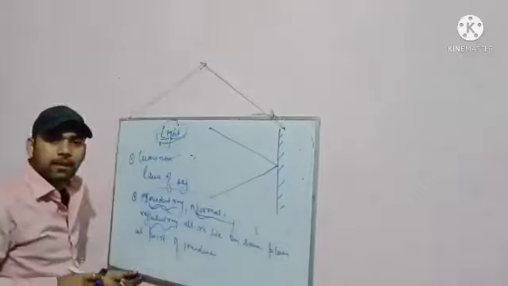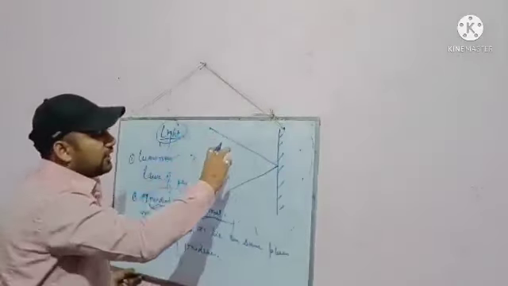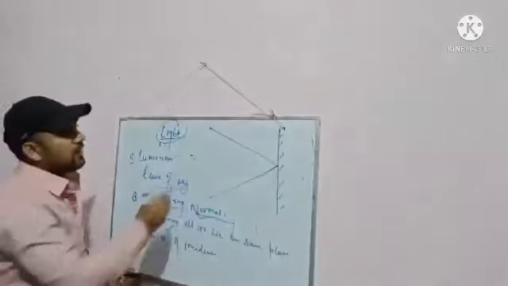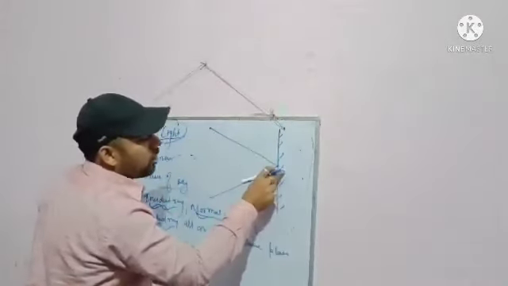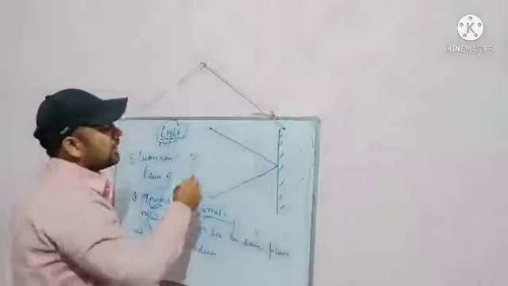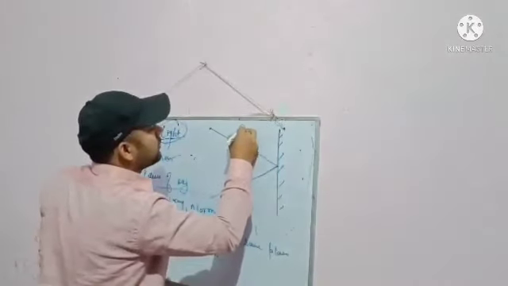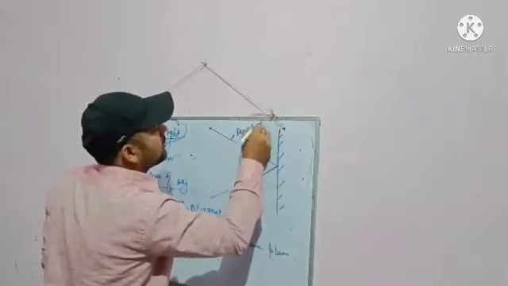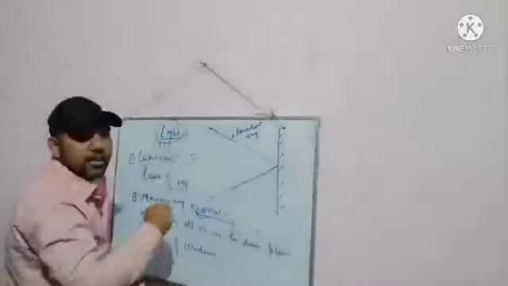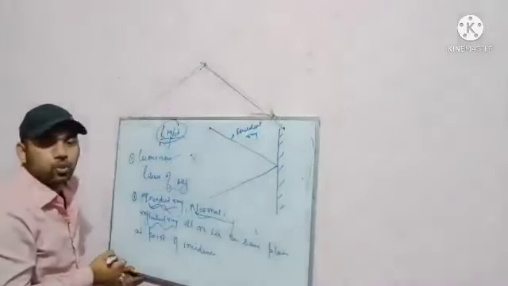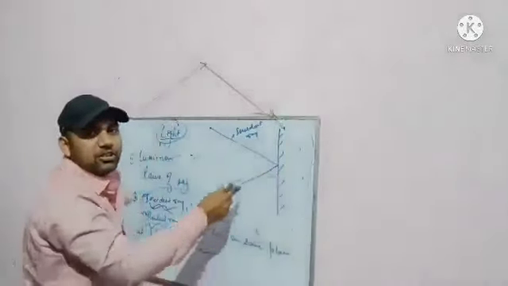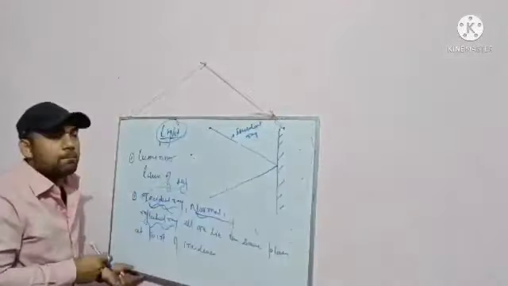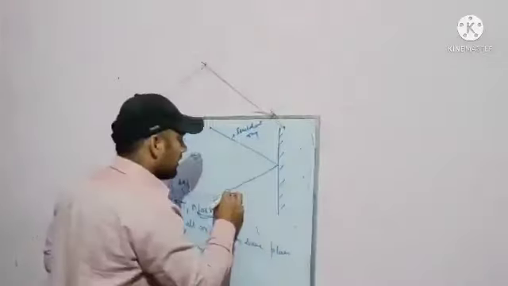These two parts create the incident ray, normal ray and reflected ray. Now the ray which points on the plane mirror, that ray is called the incident ray. And the ray which reflects after incidence, after reflection going along the path away from the incident ray, that is called the reflected ray.